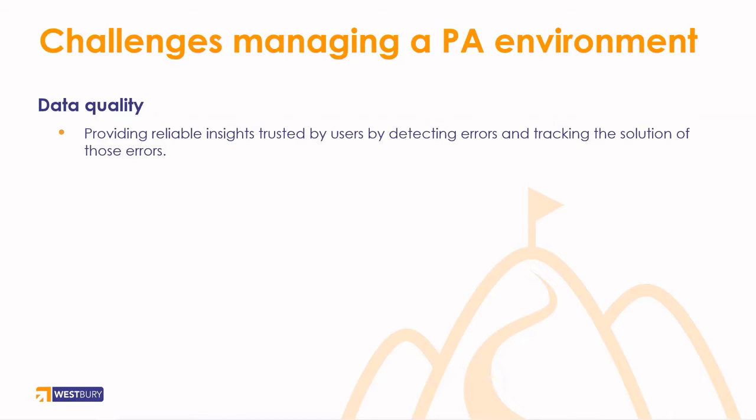And PA Accelerator has some tools built in that will do sanity checks on the configurations that you have done. So if there's some mistake in the definition, it will be found by our quality assurance tool, and it will pop up. And the most brilliant part of it is that it will do that on a regular basis. So every day, every hour, whatever you want, it will run all these scans on all the definitions that you have. So on a daily basis, you will have insights in the quality of your performance analytics environment.